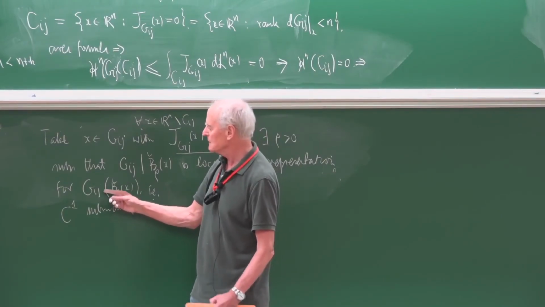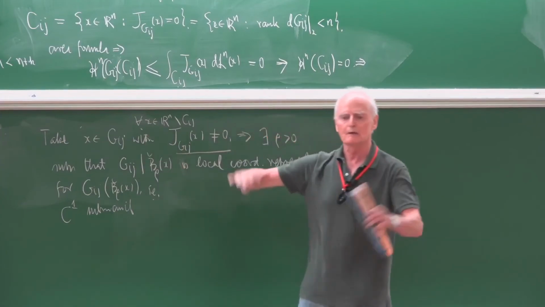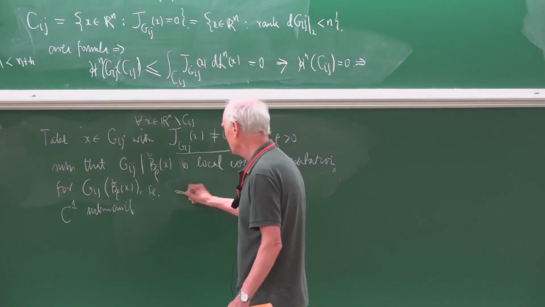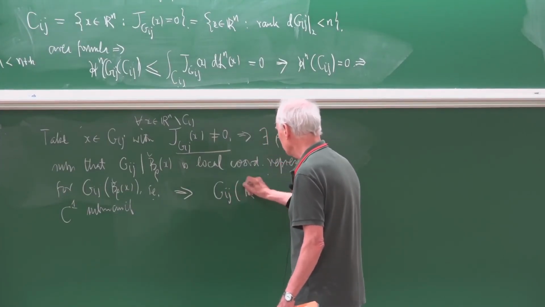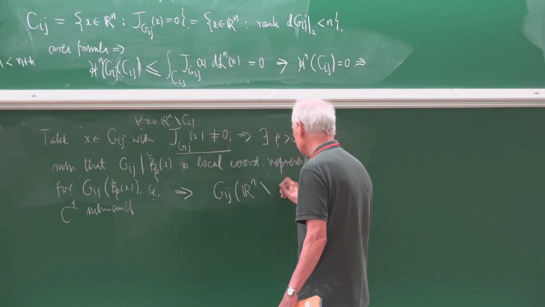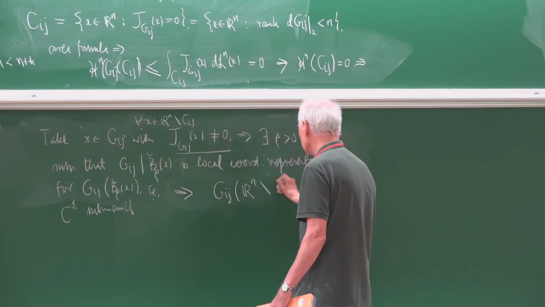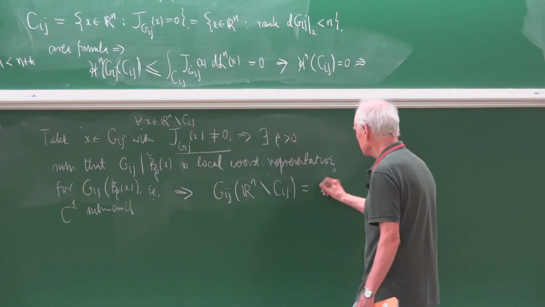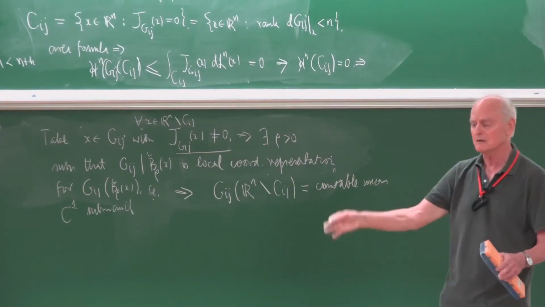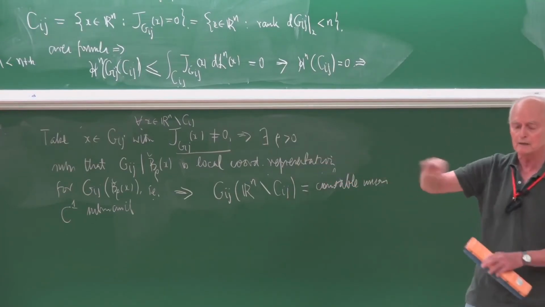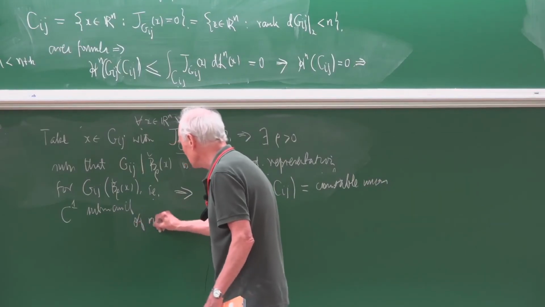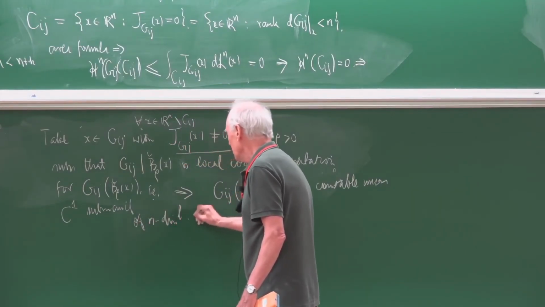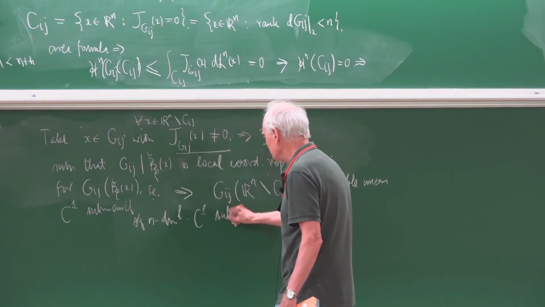So that means that the whole image, Gij of R^n minus Cij, equals a countable union. Not necessarily disjoint, notice, because this map's not necessarily one-to-one in any sense. So it's a countable union of n-dimensional C1 submanifolds.